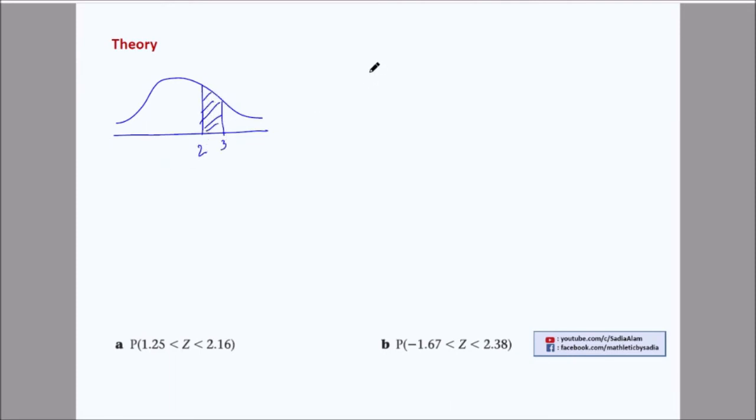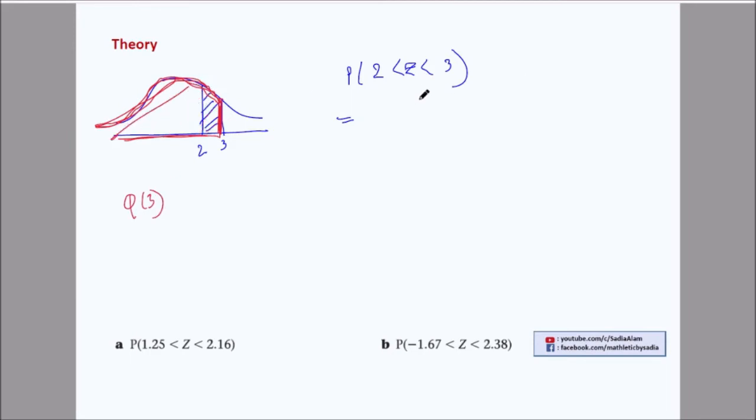They will ask you a question like, what is the probability for z greater than 2 but less than 3? So in between these two parts, right? If you find the area less than 3, that's the total red part, this entire thing, which is phi of 3. Phi of 3 will give you this total area.